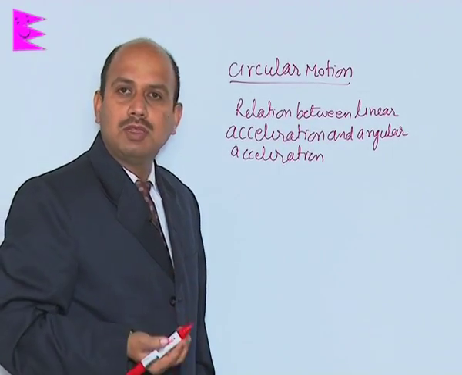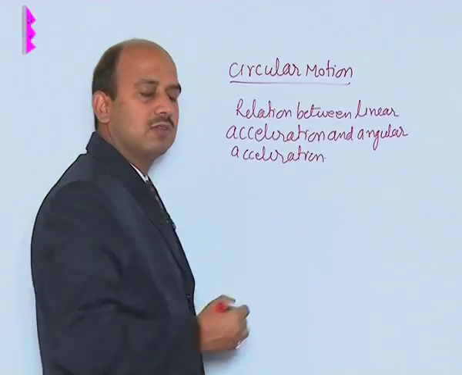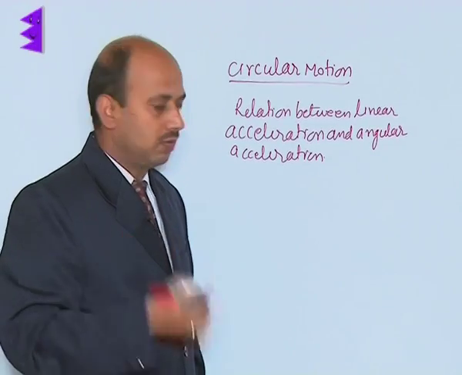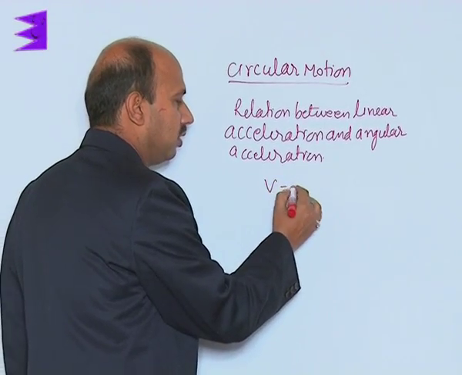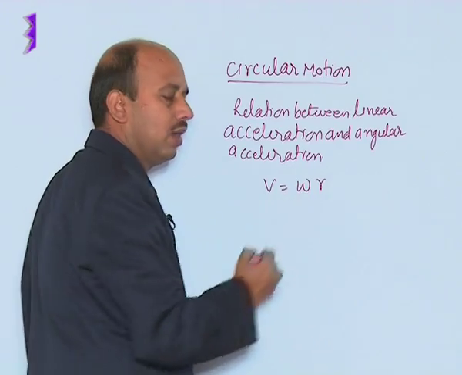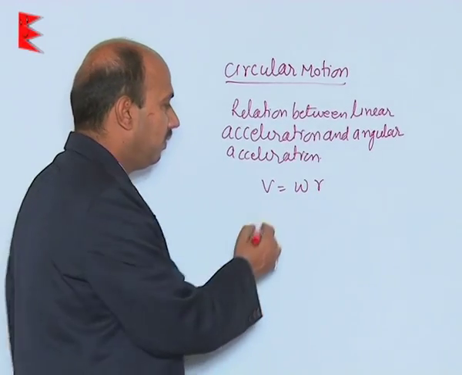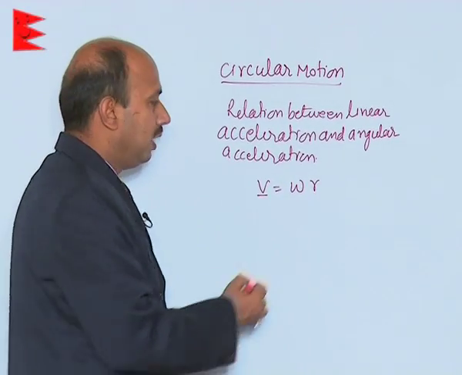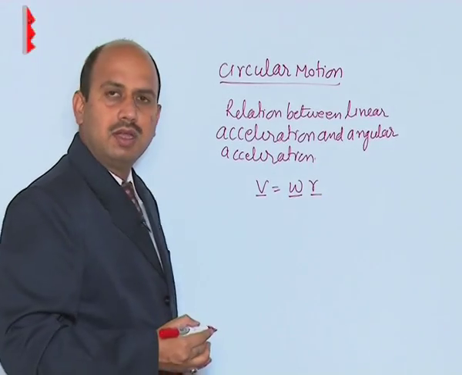Because when the body is moving in a circular path, it has both velocities, linear velocity as well as angular velocity. We know the relation v is equal to omega into r, which we have just derived, where v is linear velocity, omega is angular velocity, and r is radius.